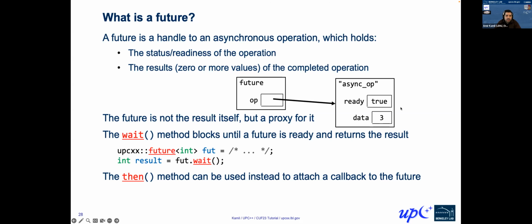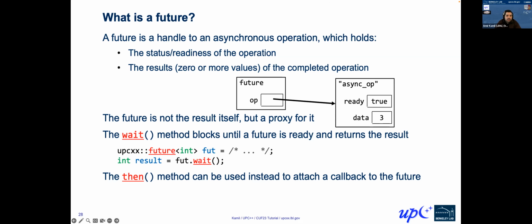So we have some set of values that the future represents, and also a ready state: are those values ready, or has the underlying operation completed or not? The future itself is essentially a proxy for this data. It's not the data itself. You can think of it as similar to a pointer to that data, an indirect reference to it.